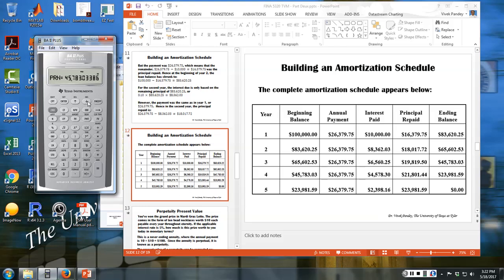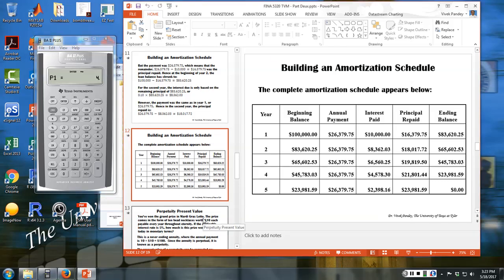The principal repaid in the last 2 years is 45,783. So almost 46% of the loan gets paid back in the last 2 years. The interest is only 6,967 over the last 2 years, and so on. So that amortization button can show you these numbers from the schedule, albeit it can only show you one number at a time, because of the screen on the calculator.